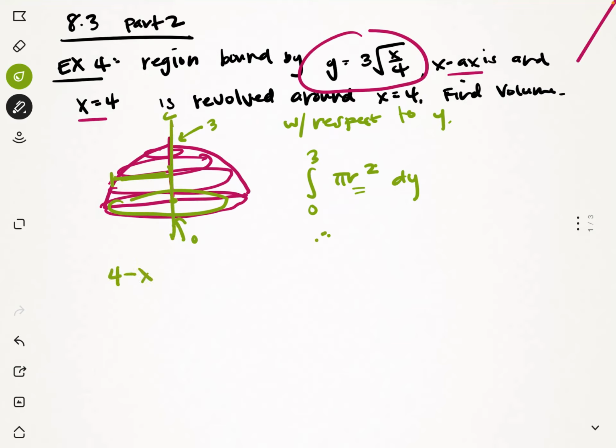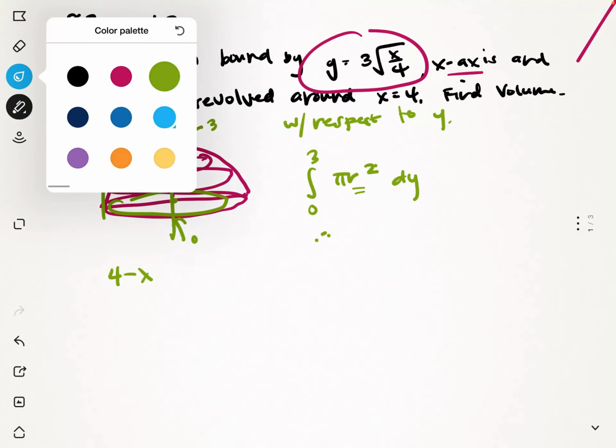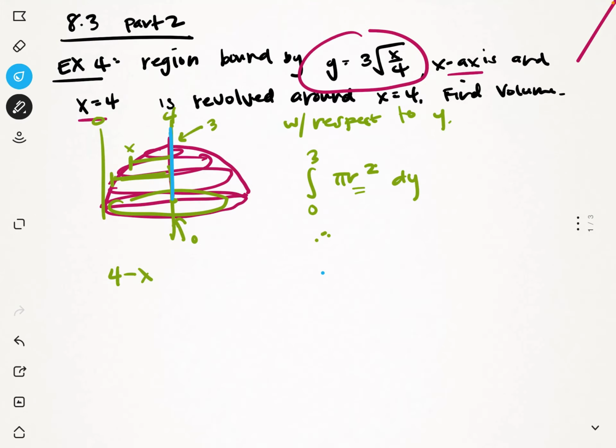So if we subtract whatever our x value is, then we get the distance between the axis of rotation at 4 and the edge of our function. So at the very bottom, it's going to be 4 minus 0, which is 4. So we know that this is going to be 4 units long. It kind of makes sense.